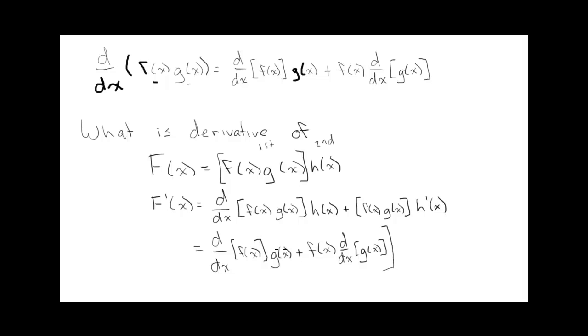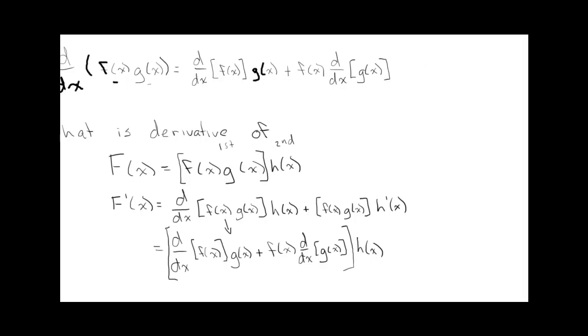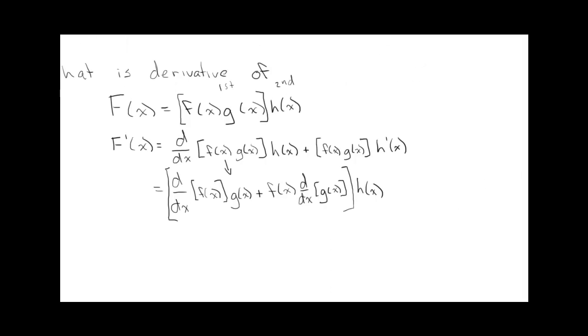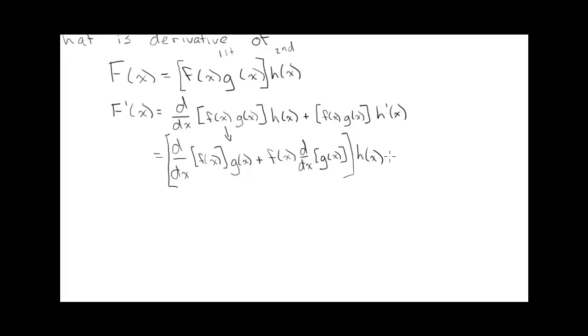So that's this thing right here, and now we're multiplying that by h at x. Plus f at x g at x times h at x.